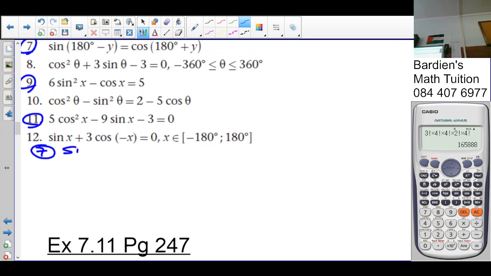We are given sine of 180 minus y equals cos of 180 plus y.